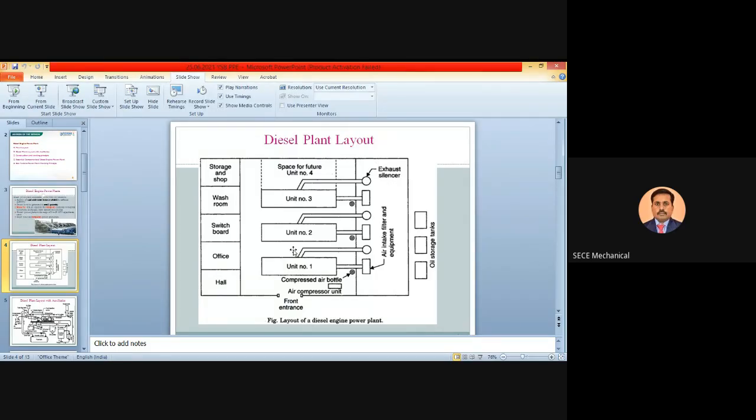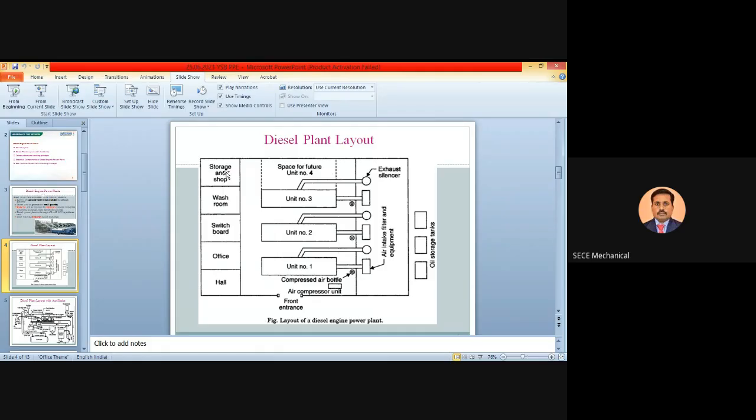For that, you need a storage space. With the help of the storage space, you can hold the maintenance components of an IC engine as well as the alternator, and also the service technician rooms. All the persons are available in the storage area and shop.